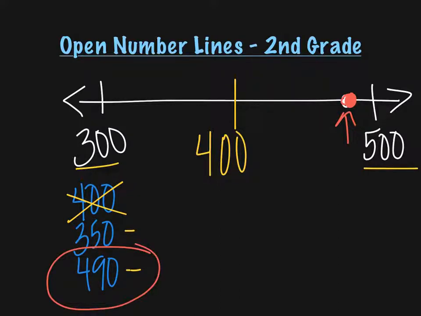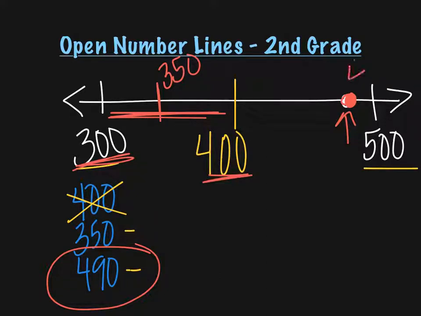It couldn't be 350 because 350 would be here between 300 and 400. And since I know 50 is a midpoint, it's in the middle, 350 would be right here in the middle of 300 and 400. So this one must be 490 because it's really close to the 500. So 490 is my answer.